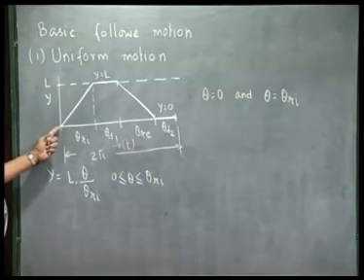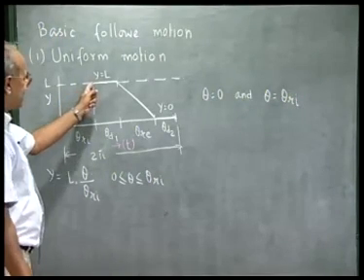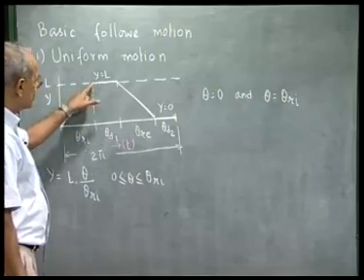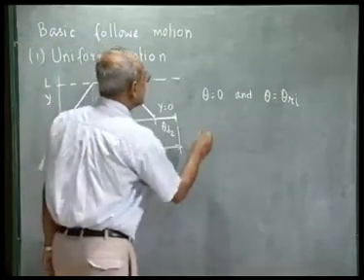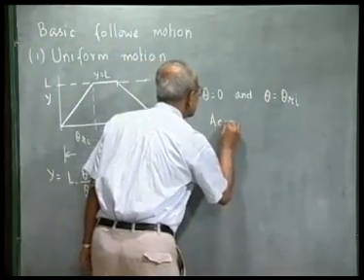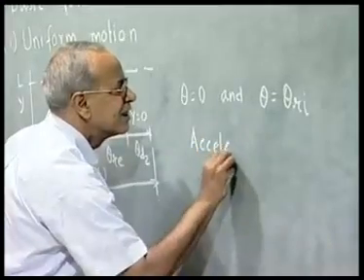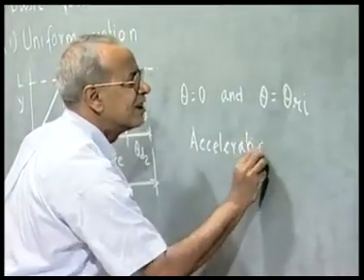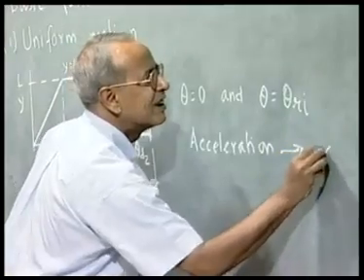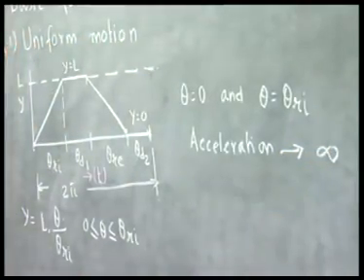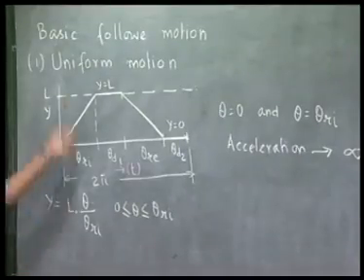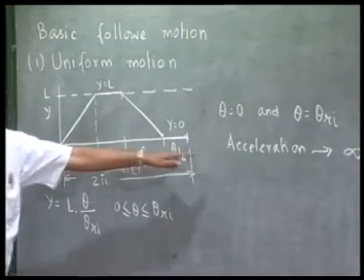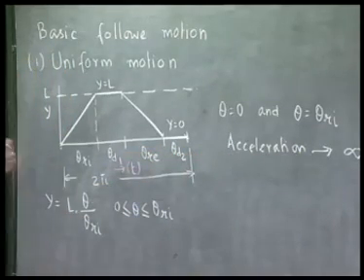Here it changes from 0 to a positive velocity, and here it changes from positive velocity to 0 suddenly, which causes acceleration of the follower tending to infinity. That means a very large force is necessary to produce such acceleration of the follower.